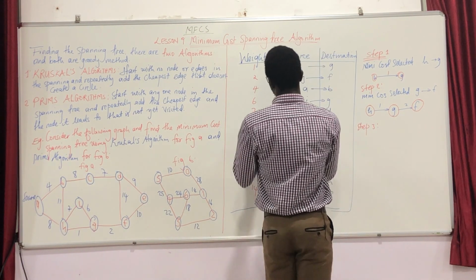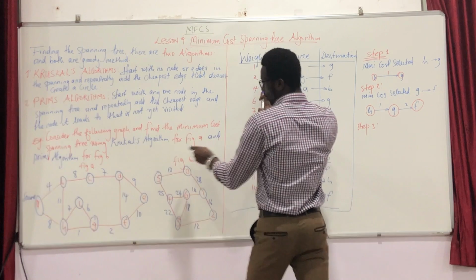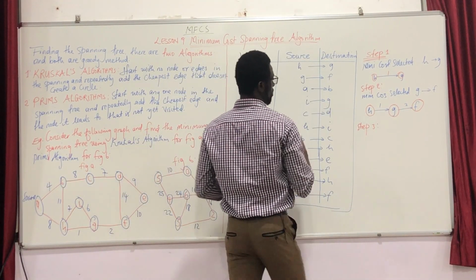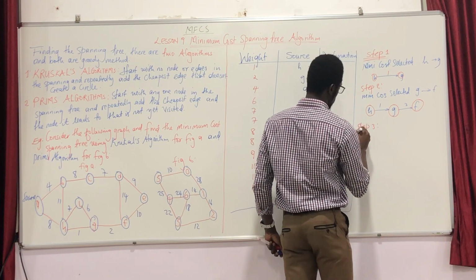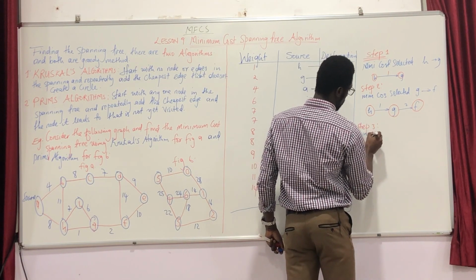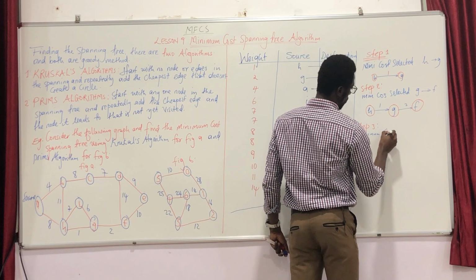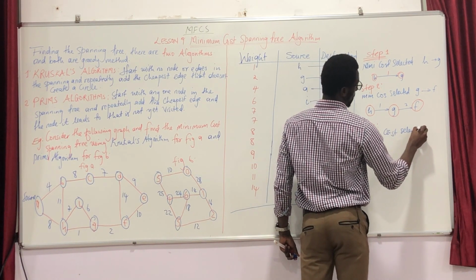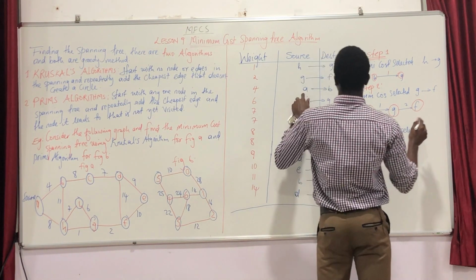Minimum cost selected. First we'll check. Step 3 is 4. 4 is A to B. So we'll select minimum cost selected A to B.